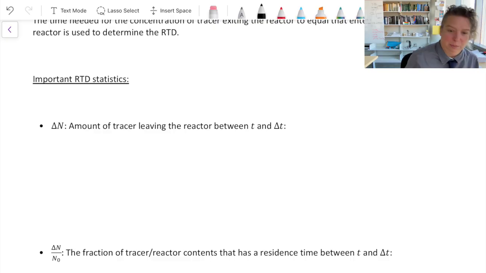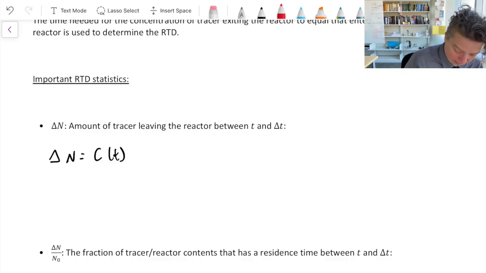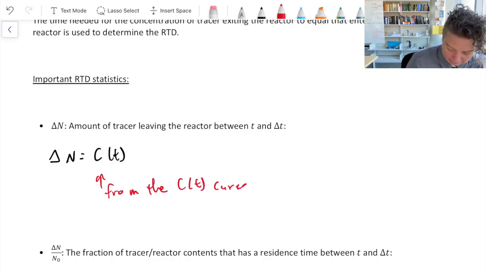I can get this by doing a mass balance on my tracer. So if I have some concentration leaving the reactor, we'll call that C of t. This is from the C of t curve at the reactor outlet.